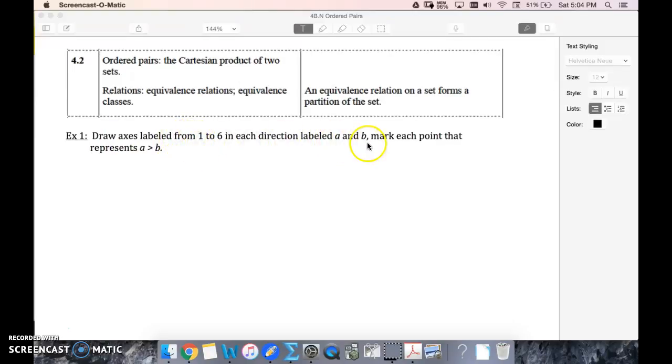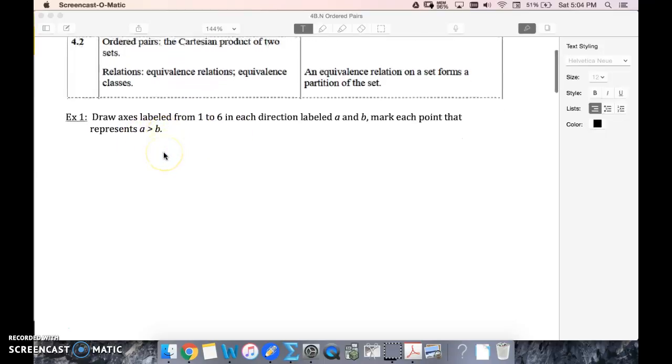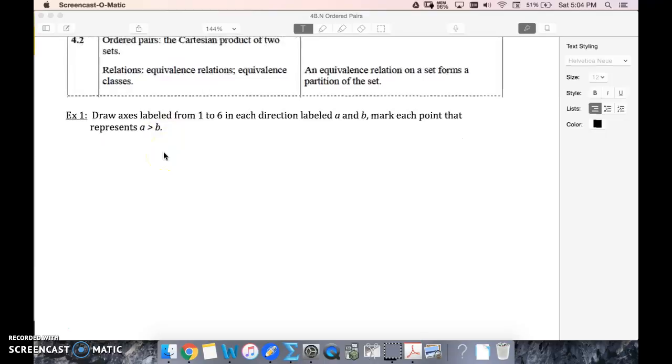We're going to label them A and B and go from 1 to 6, and then we're going to think about our relation by relating A to B in such a way that we want the points where A is greater than B. So I'm going to make some axes.